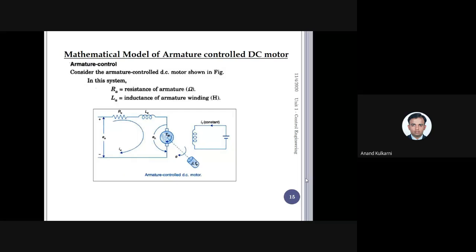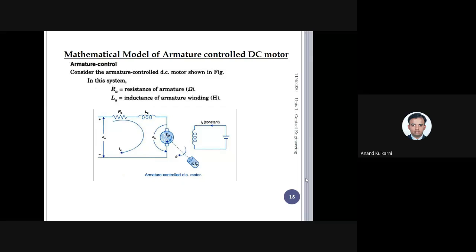The DC shunt motor is commonly used for most common applications, whereas DC series motors are used when you require a very high starting torque, like EMU trains or the local trains of Bombay. You might have seen that the EMU train catches speed on the platform itself, for quick stopping and quick starting. But long distance trains move very slowly on the platform and gain speed over time; in that case, DC shunt motors are used.